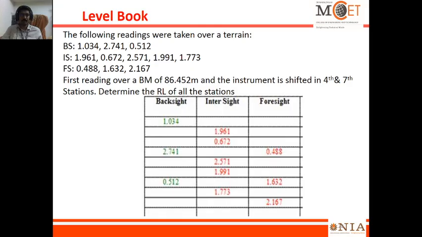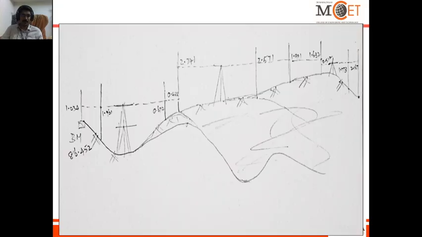You try to imagine the terrain. I try to draw it here. There's a benchmark, the instrument was kept over it, the first reading was taken over the benchmark, then the intermediate sights, again an intermediate sight, and the last is the foresight. This becomes the last reading, so the fourth station: first station, second, third, fourth, right? Then the instrument was shifted, so the backsight should be taken over the same station.